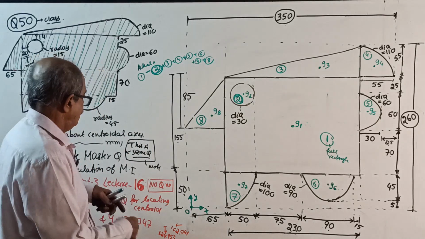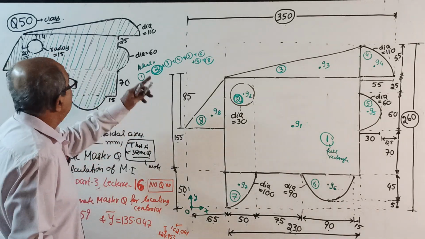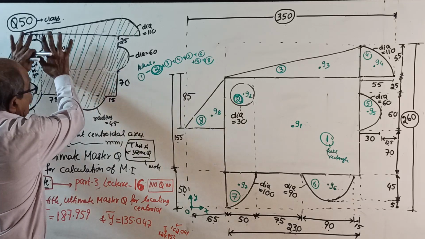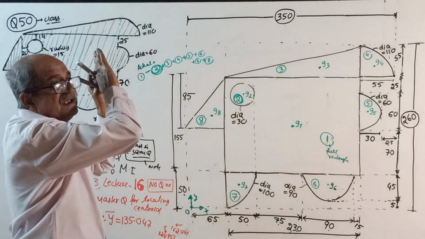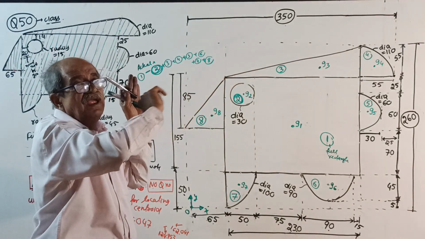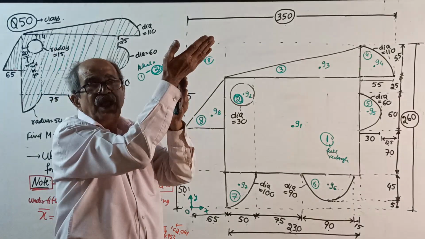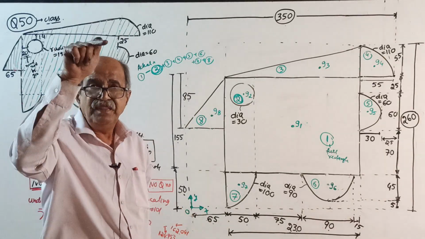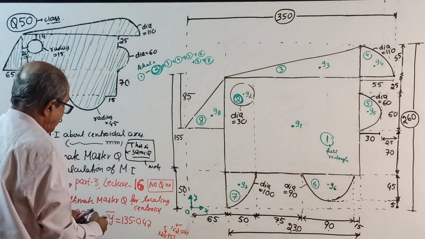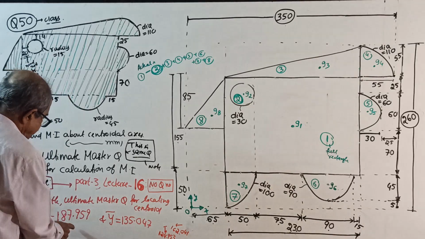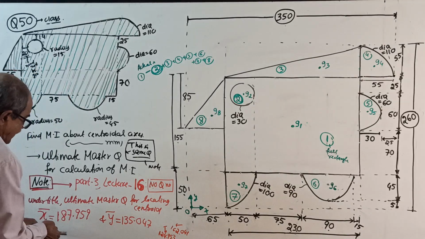Now see the table: part number, area, x to the right of OY, y up from OX. The table is given in that class. You copy that table and happily get x bar.